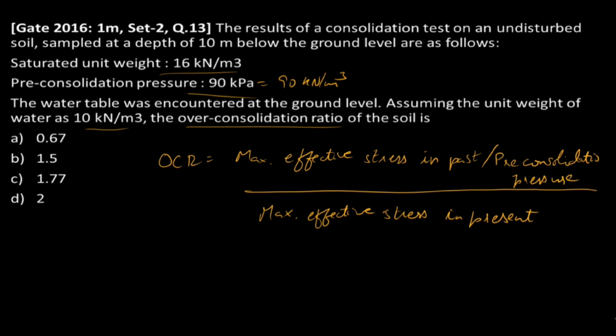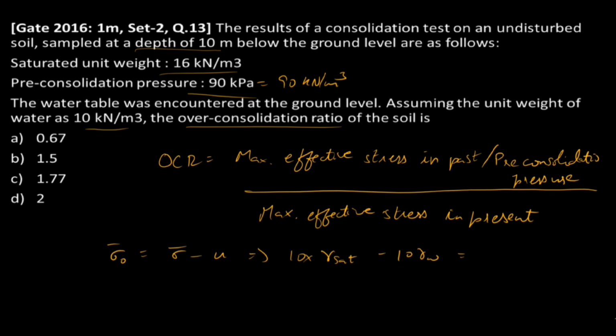So to calculate the maximum effective stress in present, sigma naught dash will be equal to sigma minus u, which is 10 into gamma sat, the saturated unit weight, minus 10 into gamma w, because they have given the soil sample depth of 10 meters.